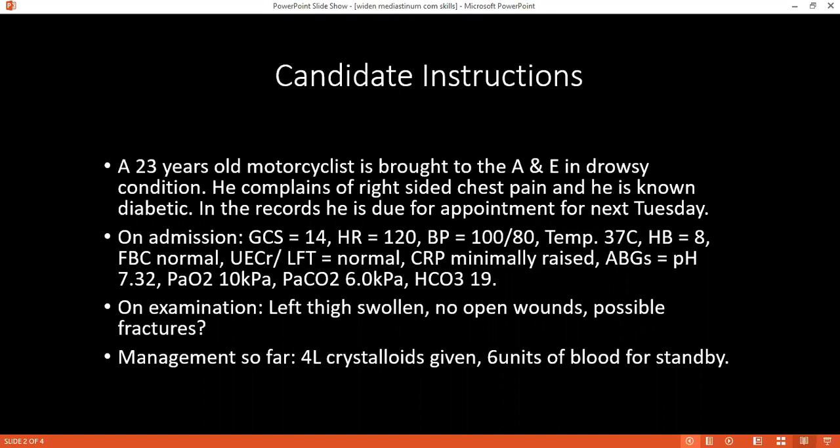Okay. And what if this patient had hyperkalemia? Then how would you treat his hyperkalemia? If he has hyperkalemia, then I will give him insulin.